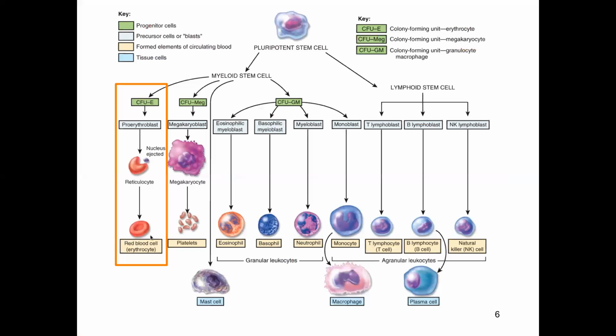So here you can see, if we look at the steps involved, we're starting with something we call the pro-erythroblast. Every time you see blast in biology, that means something early. So this is sort of an early type of cell. And then we have these things called reticulocytes.